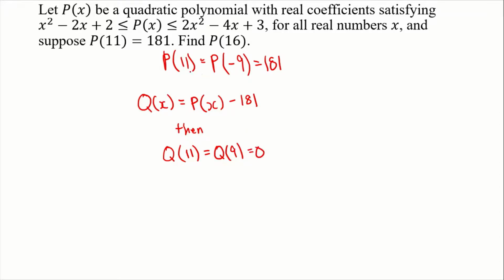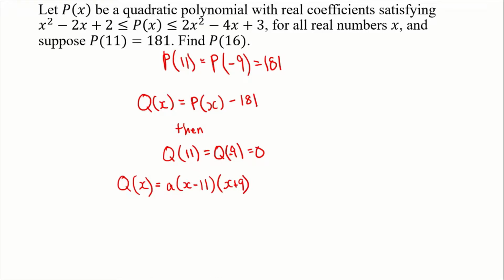So 11 and, well, this is -9, sorry, 11 and -9 are the roots of q. So we can say that q of x, and this is going back to the definition of a quadratic polynomial, q of x is equal to a times x minus 11 times x plus 9.